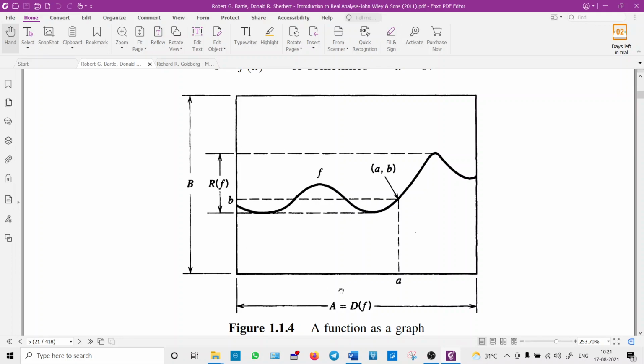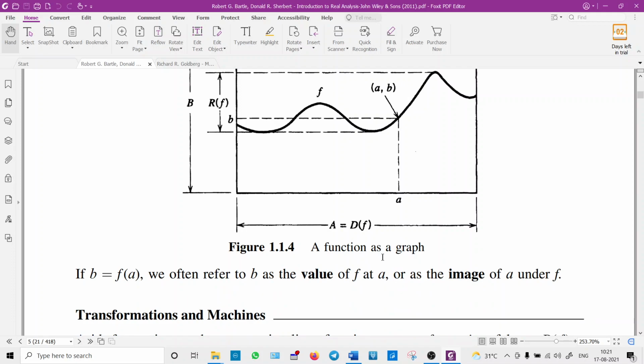So this is the range, and this is A, and this is the image, B. And you can see the vertical line test: you draw vertical lines throughout this domain, many vertical lines. The graph intersects the vertical line at only one point. So it is clearly a function as a graph.